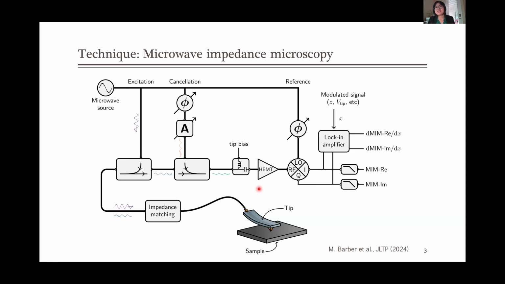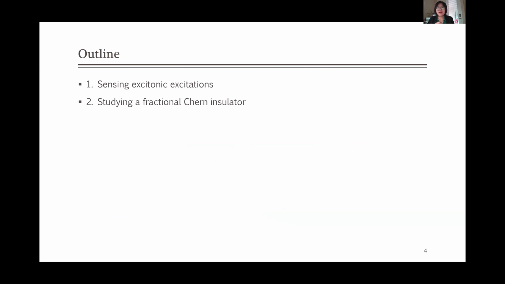And then we also have the technique of very high sensitivity or signal to noise ratio readout. Okay, so this is my outline for today, and I would like to introduce how we use microwave local sensing to sense excitonic excitations, and also how we use it to study a fractional Chern insulator.